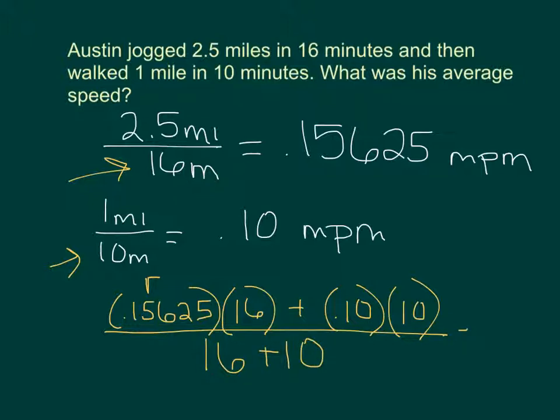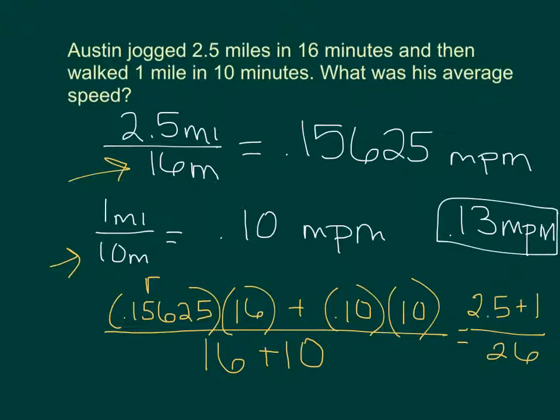If we do that, a simplified version of that is 2.5 plus 1 over 26. 2.5 plus 1 is 3.5. 3.5 divided by 26 is 0.13 miles per minute. So you would be able to say that that is your average speed.